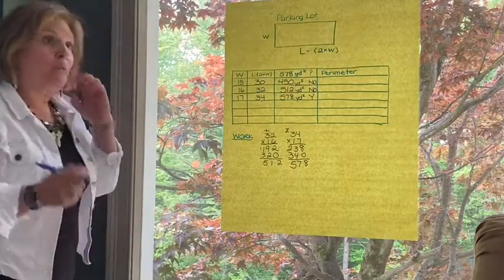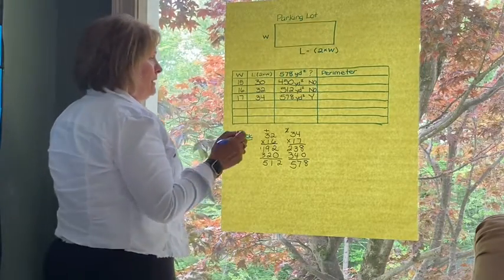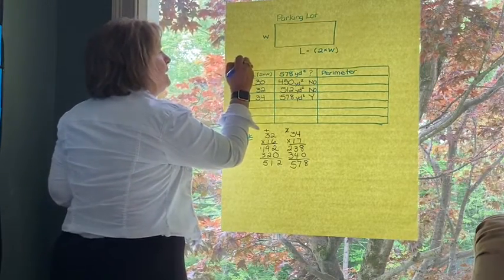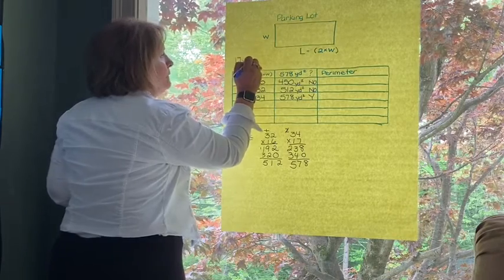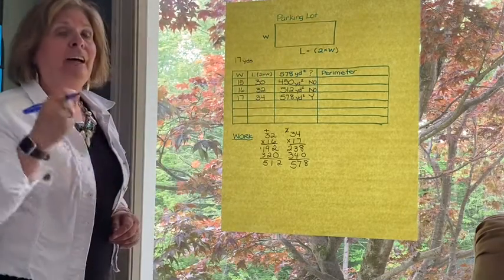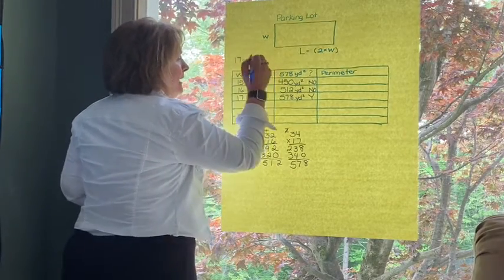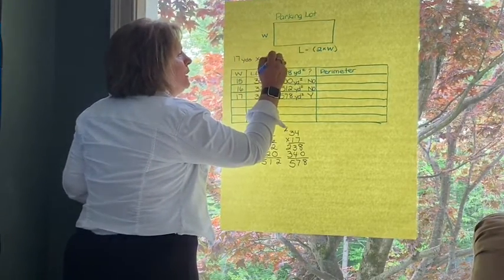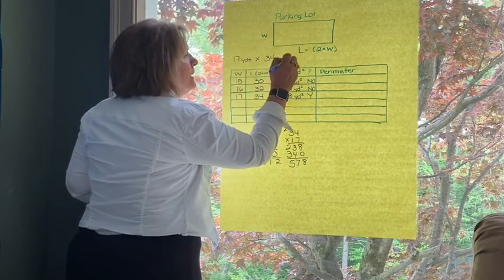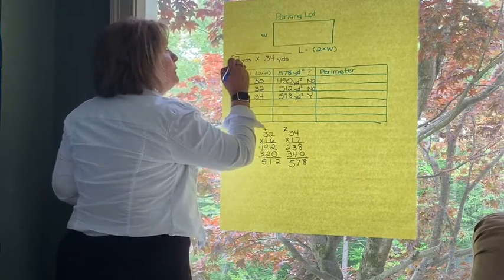So now we know that our dimensions are 17 yards. Remember, it has to have that label, by 34 yards. And we circle that because that was one of the questions.